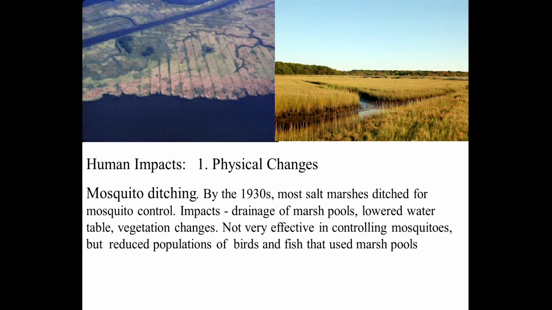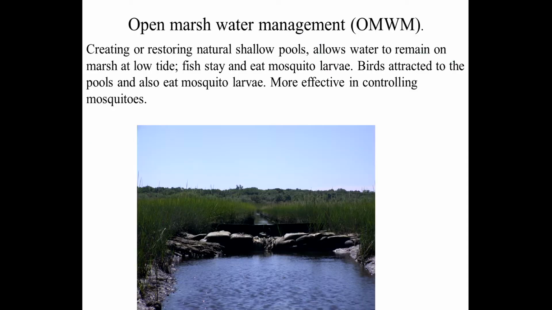It caused lots of vegetation changes and basically lots of changes that were not beneficial, and it didn't seem to be all that effective in controlling mosquitoes. In the past several decades, they've moved to another approach to mosquito control, which is called open marsh water management, or OMWM for short.